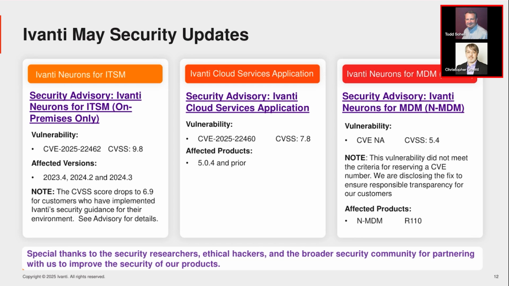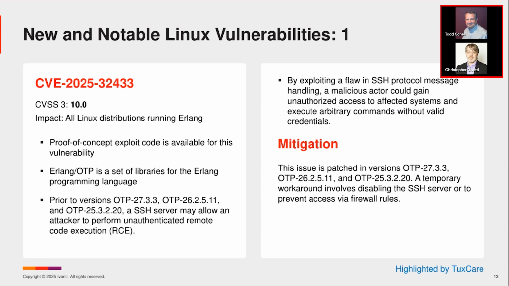All right, going over to the Linux side, we have our partnership with TuxCare. TuxCare is a vendor that focuses on Linux-specific workloads, and they do what's called live patching.